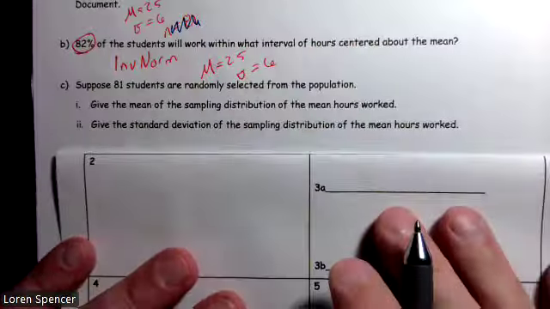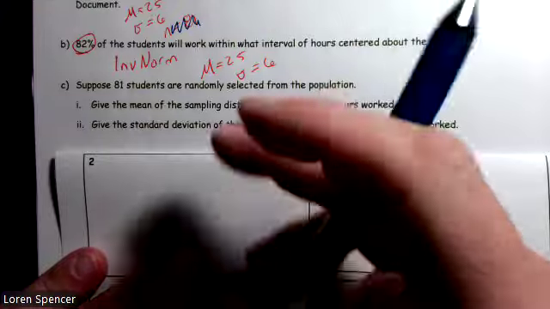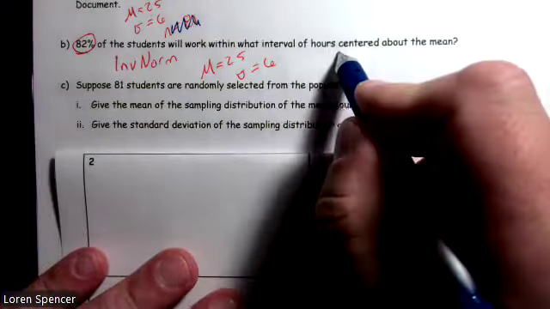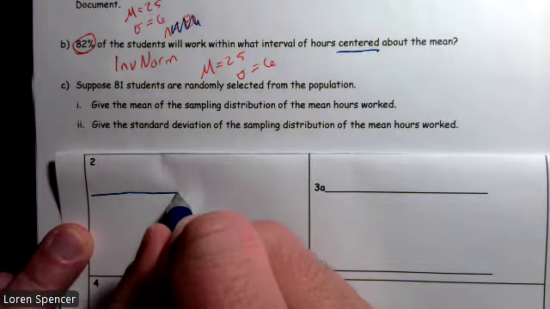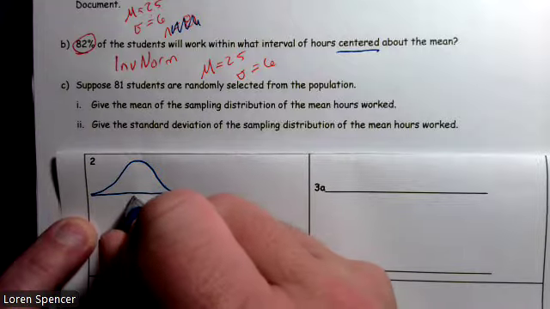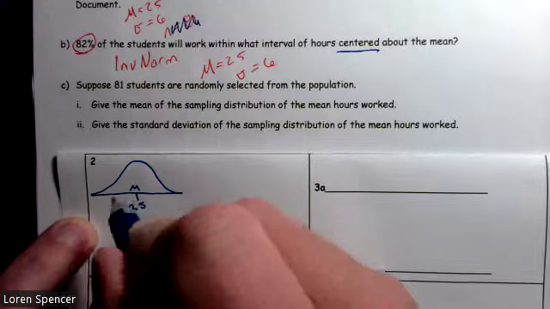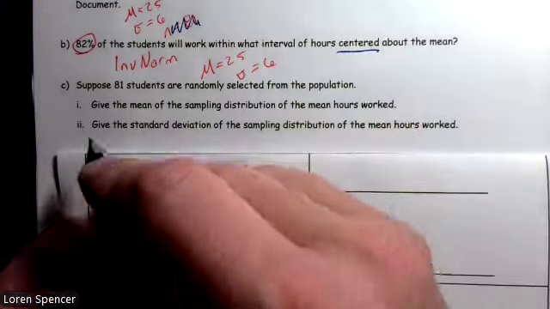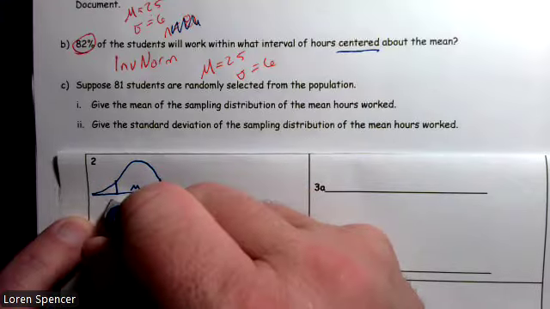So we can continue with that information, and we're going to draw a picture of this, and it says centered. So I need to draw a normal curve. Well, we're centered at 25. That's our mean. And since it's centered, we're going to have a lower and an upper.